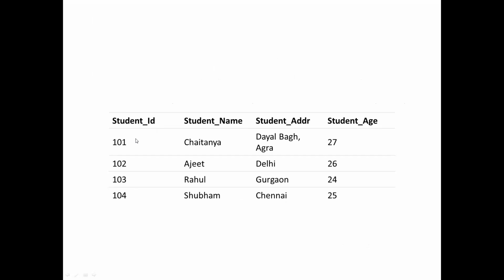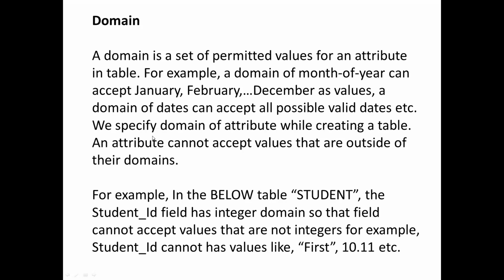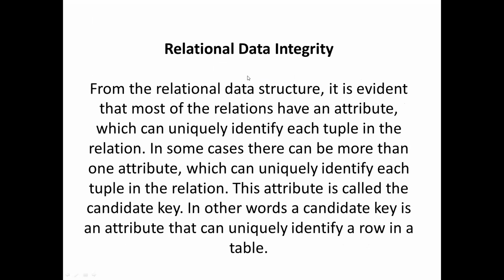Integer is accepted from 1 to infinity. No fraction accepted or letter accepted. I think we are clear what domain means. Some kind of rules that we have permitted for attributes in a table.